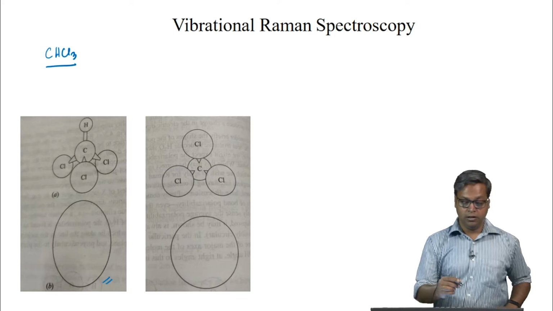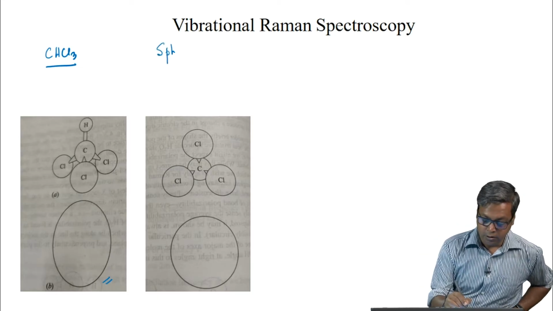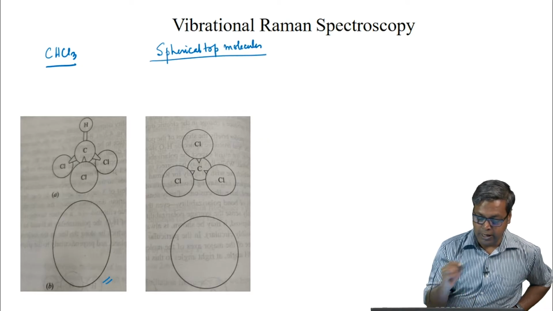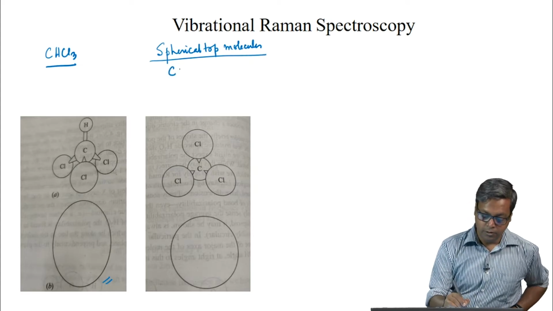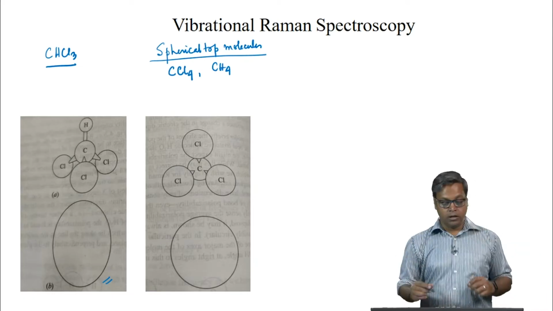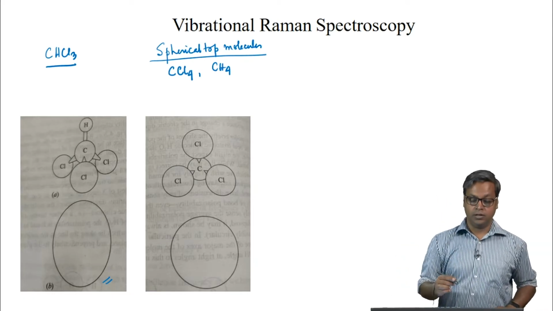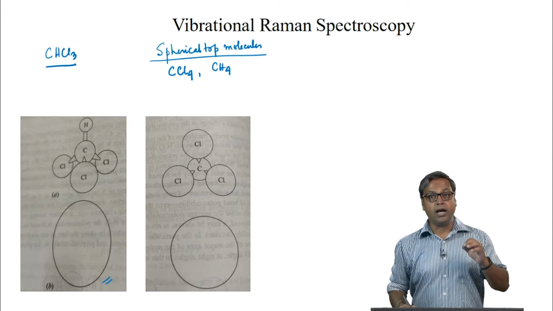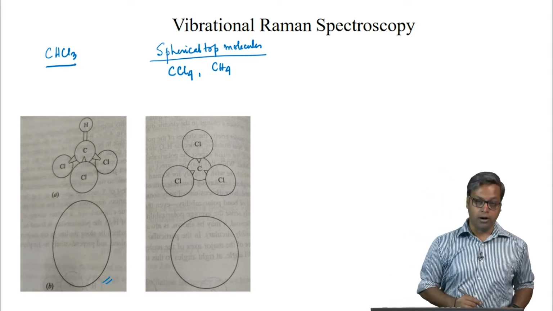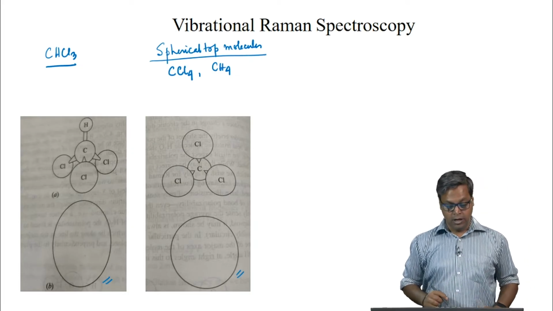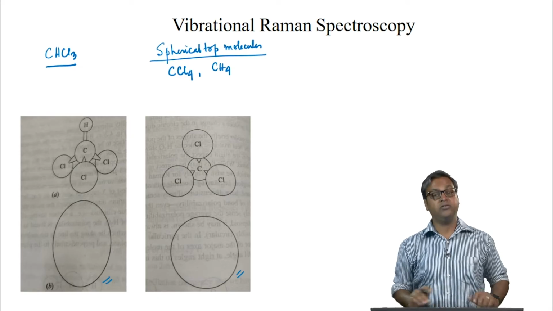And finally, for spherical top molecules like CCl4 or methane, the polarizability surfaces are spherical, since they are completely isotropic as far as the incident radiation is concerned, and this is shown in this figure.